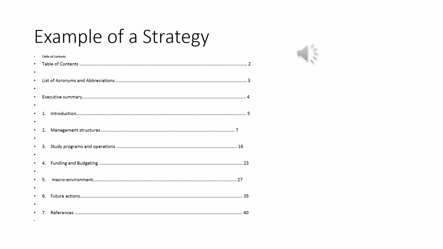Then you will need to write about the funding and budgeting, how all this is going to materialize, because without that nothing can be done. You explain the macro environment you are operating in, and then you put your future actions towards the end of the strategy and also include any references.